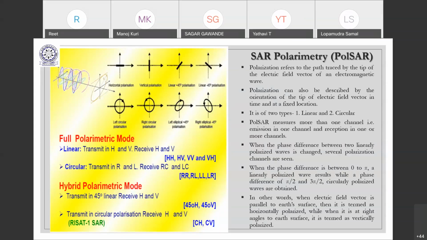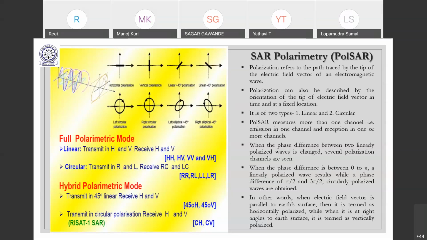So this has clear-cut advantages in identification of the ground object, because sometimes after interaction of the radar signals with the ground object, the polarization of the radar signal changes. So depending upon the property of the ground object, the backscattered signal may or may not change its polarization.